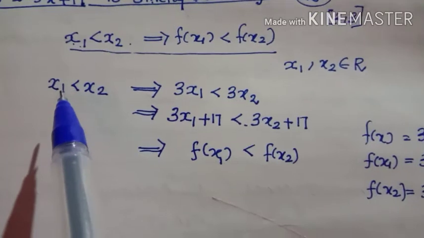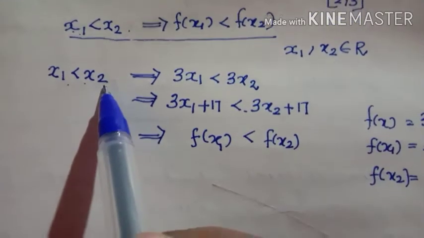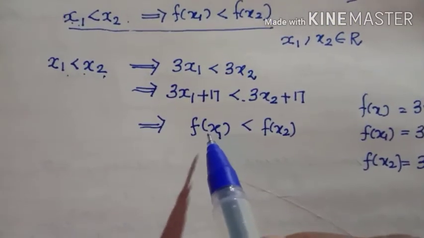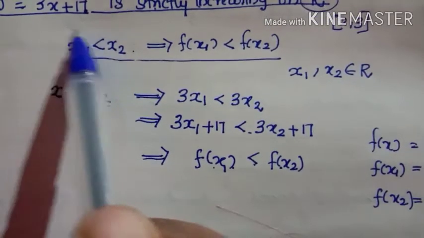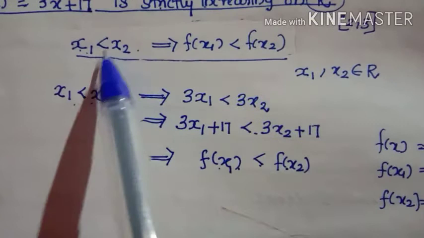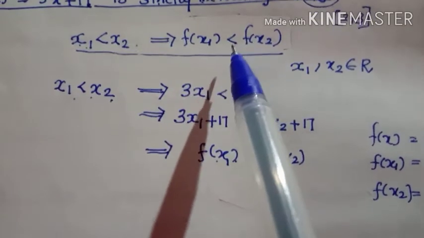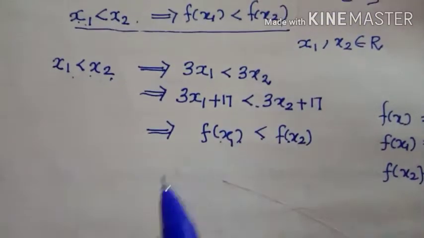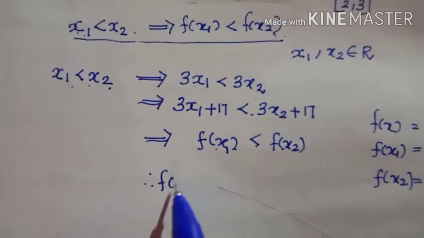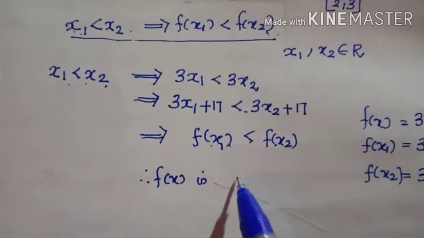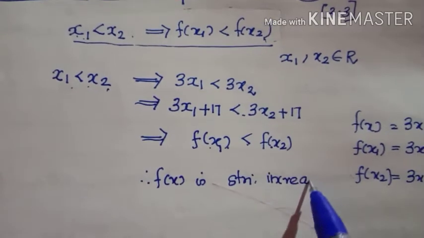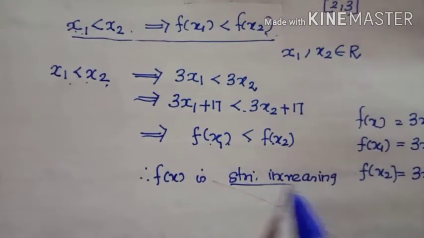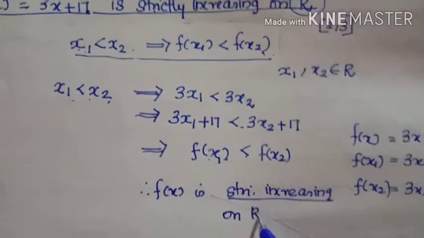We started with x1 less than x2 and we got f of x1 less than f of x2. See this expression: if x1 less than x2 implies f of x1 less than f of x2, therefore we can say that the given function f of x is strictly increasing on the real line.